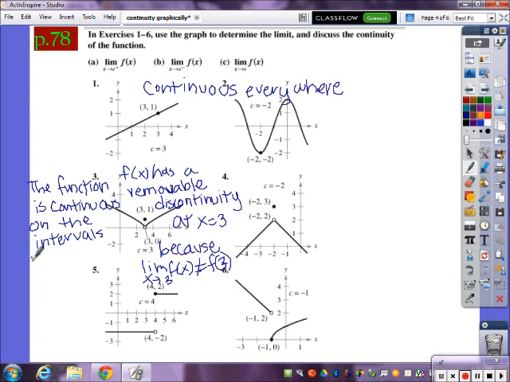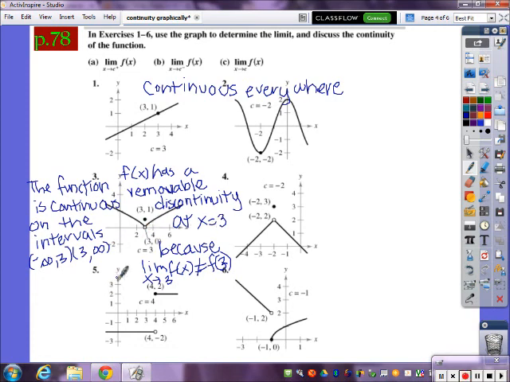So I'll say from negative infinity to that x value, which is 3, and from 3 to infinity. And I leave these as open intervals because it doesn't include x equals 3, because that's where it's discontinuous.